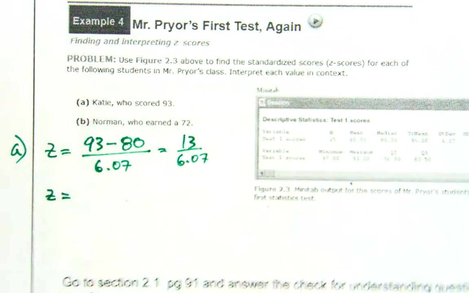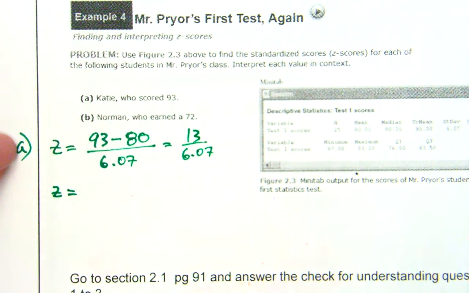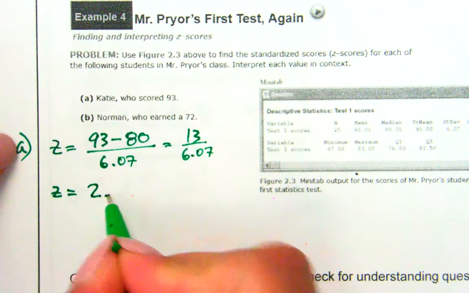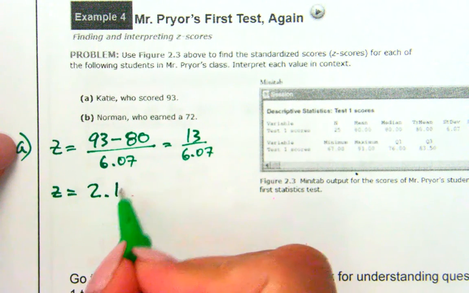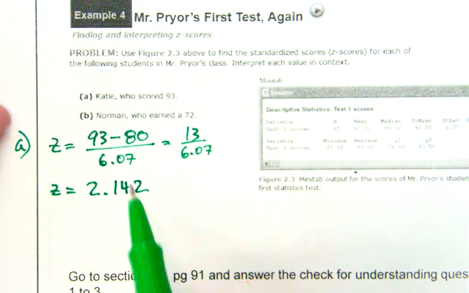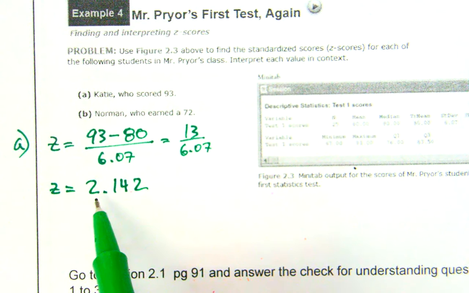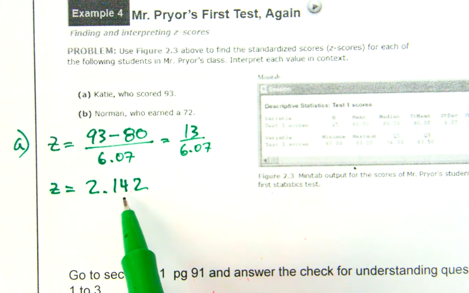So Z would be equal to 13 divided by 6.07. That would give us a Z-score of 2.14. Let's say 2.142.